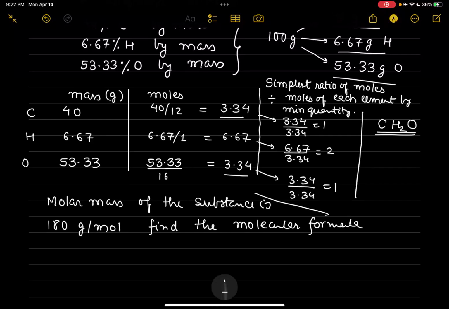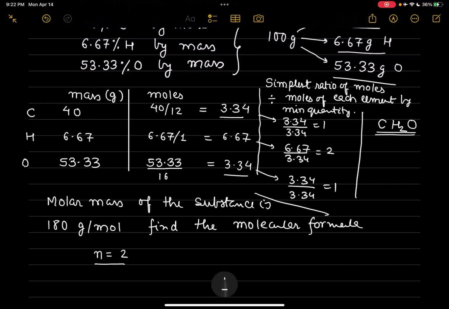N equal to 2. Wait. No, N equal to 180 by 30 is 6, right?